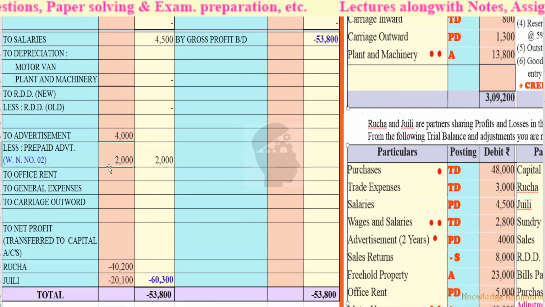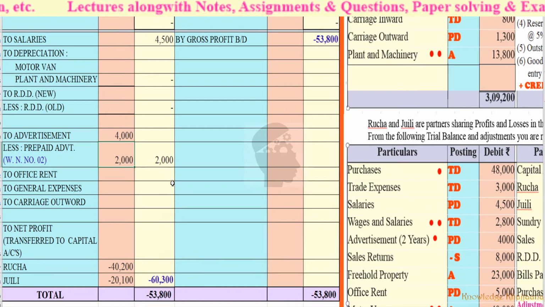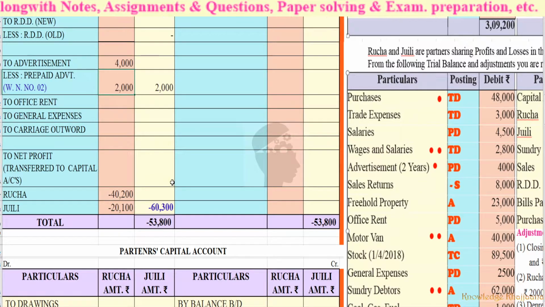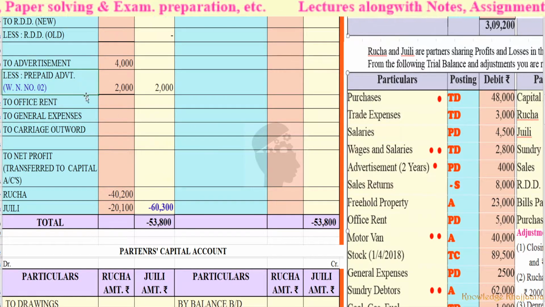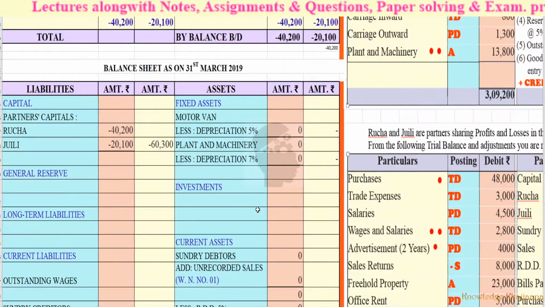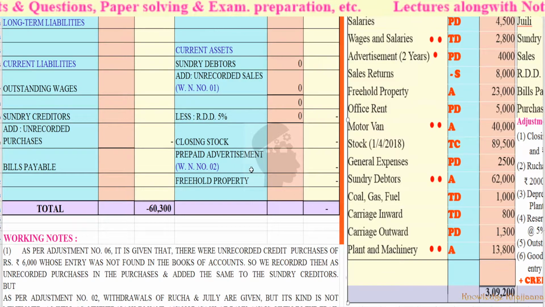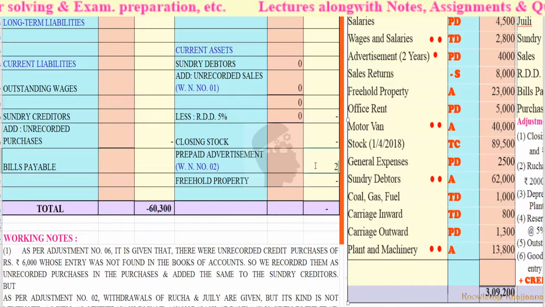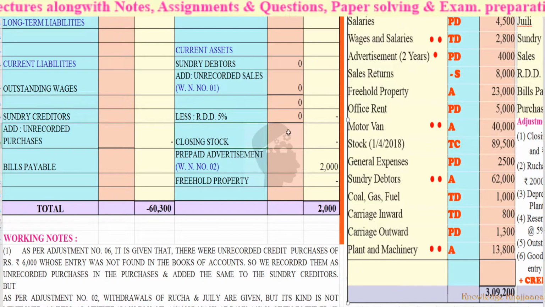It is an asset for the time being, until the books of accounts of the next year are closed. So the asset should be recorded as prepaid advertisement, rupees 2,000.